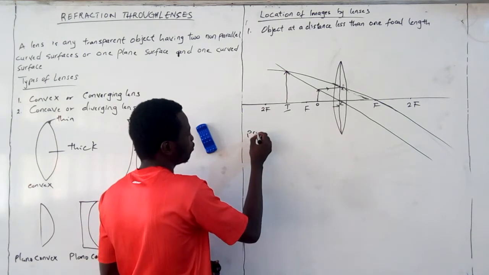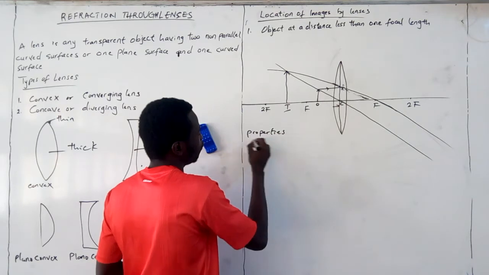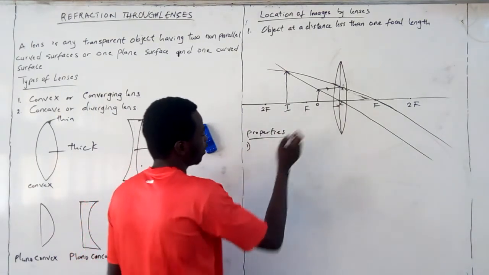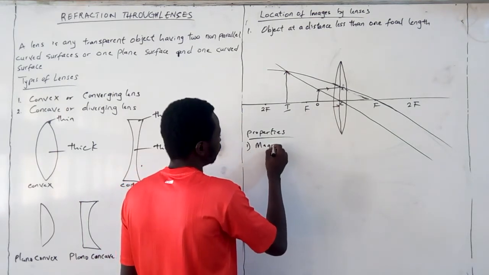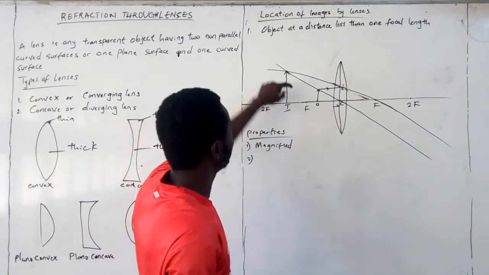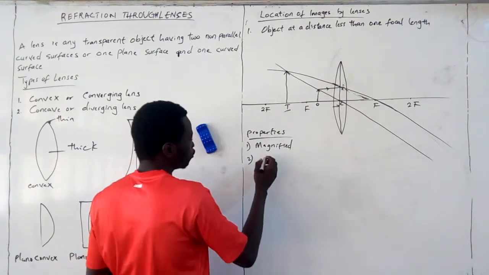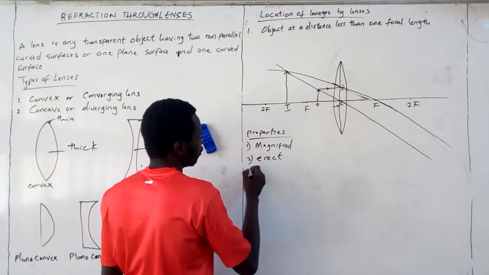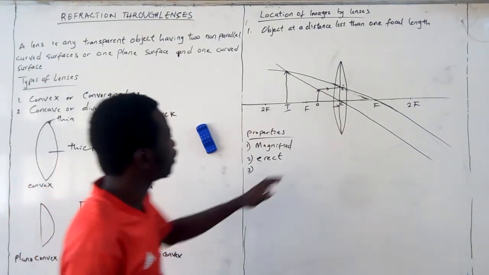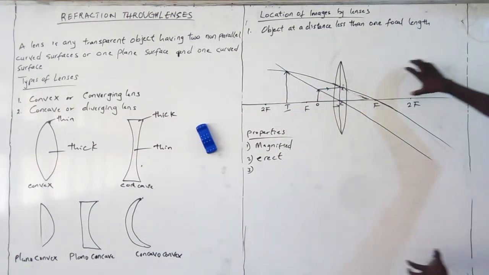So we can look at the properties or characteristics of the image that is being formed. One, you can see that the image is bigger than the object, so we can say it is magnified. Another thing is that the image is standing upright with the object, so we can say it is erect. Then another property: for lenses, unlike mirrors, the image is supposed to be formed at the other side.